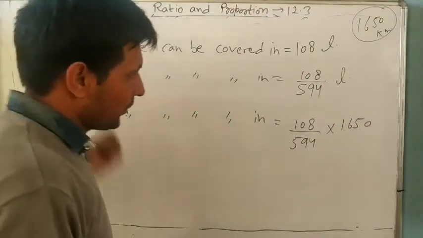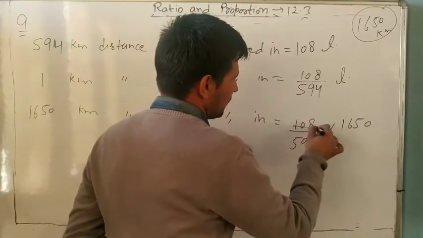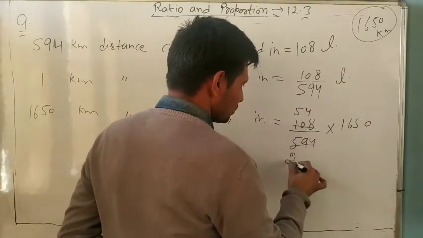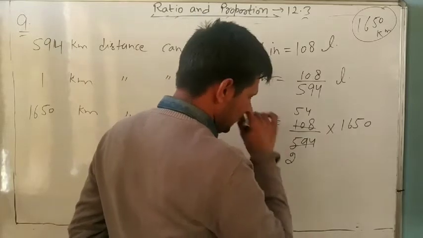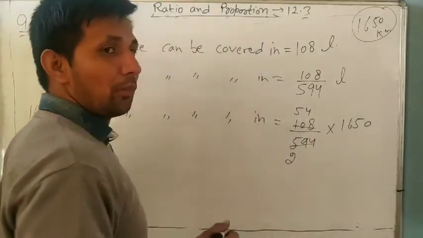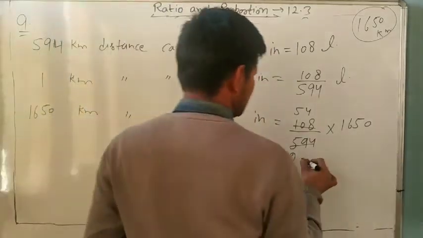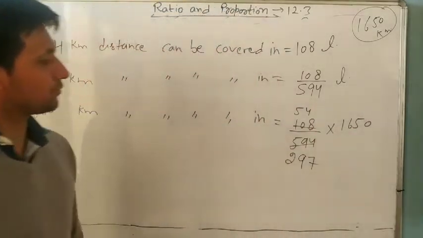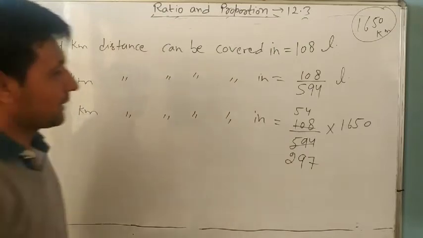Look at this, you can cut by 2: 2 twos are 4, 2 fives are 10. It will come to 297. Okay. Next, can we cut by 3?